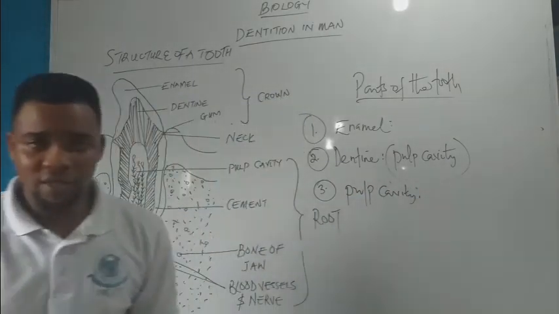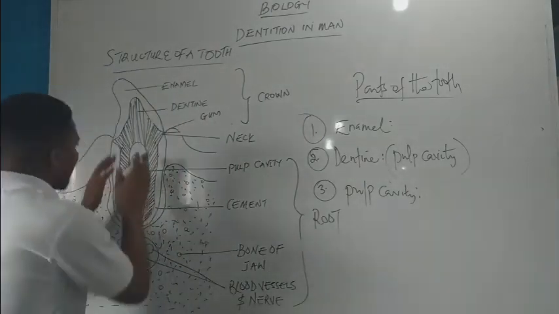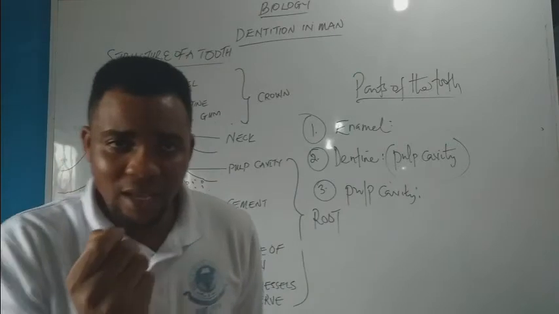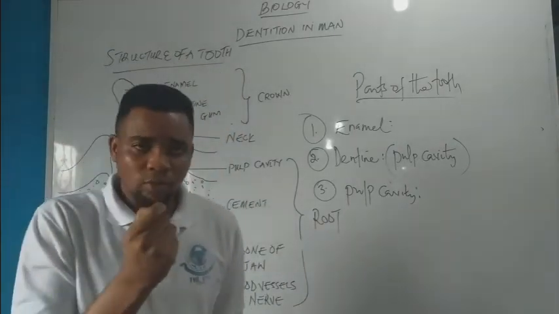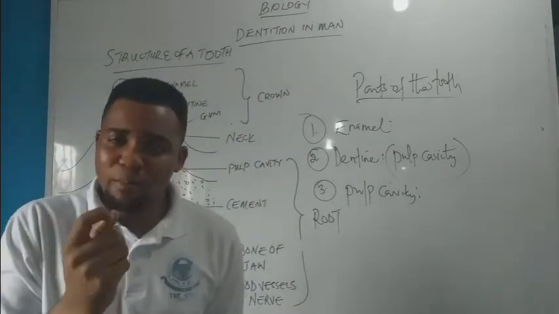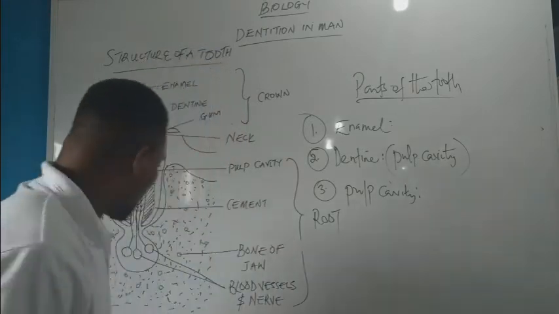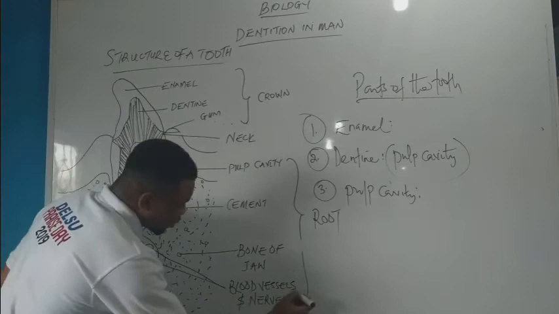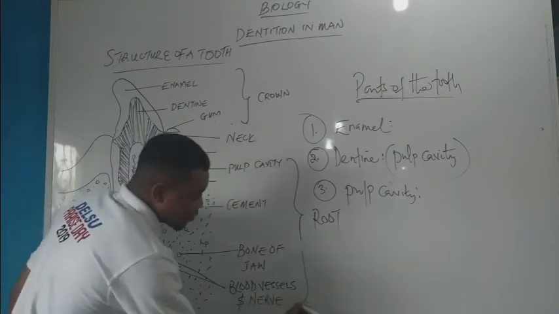Now, this pulp cavity under the tooth stores tiny, narrow tubes containing millions of capillaries and blood vessels, and sensory nerve cells.